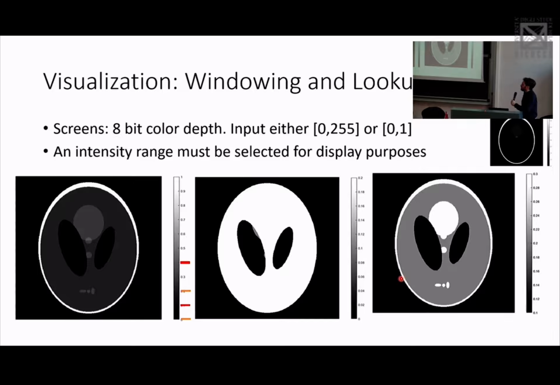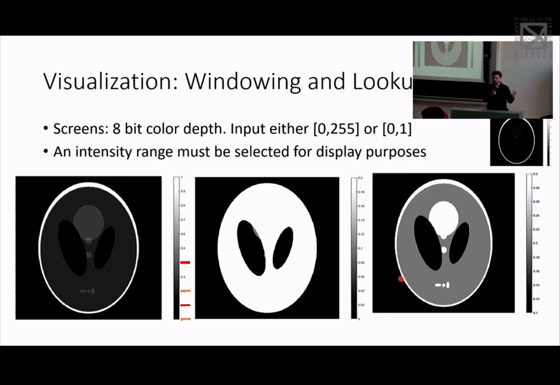And there's another issue. I might have told you before that on many imaging modalities, you have 16 bits of depth to save the colors, but the screen can only display 8 bits, maybe 10 if you have the most expensive one.